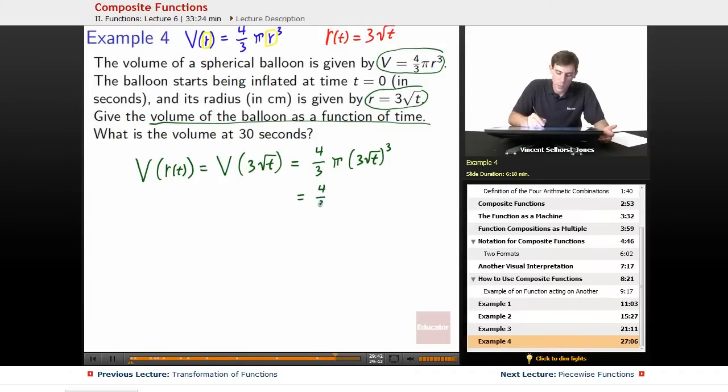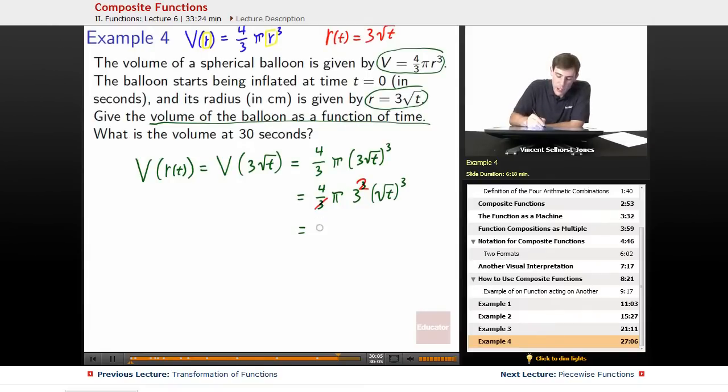We get 4/3 pi times 3 cubed times the square root of t cubed. So notice, 3 cubed can cancel down to a squared and knock this guy out. So we've got 4 pi times 3 squared.